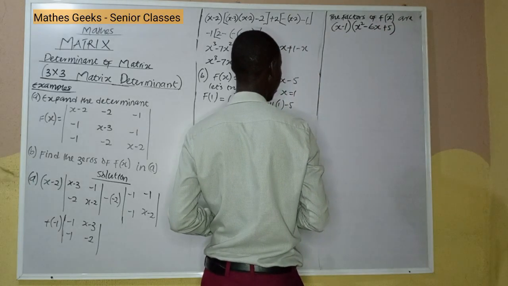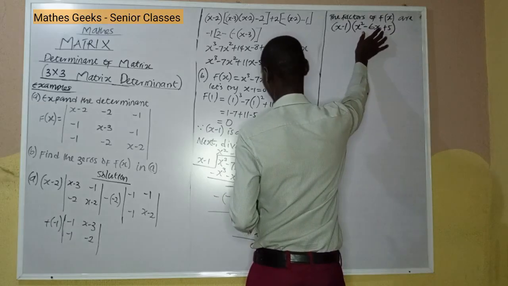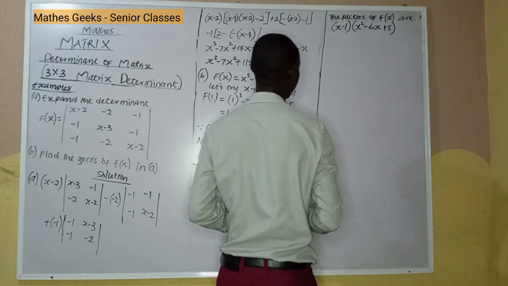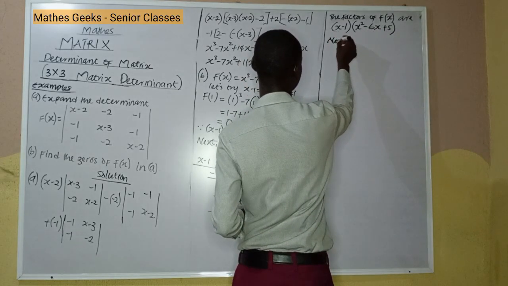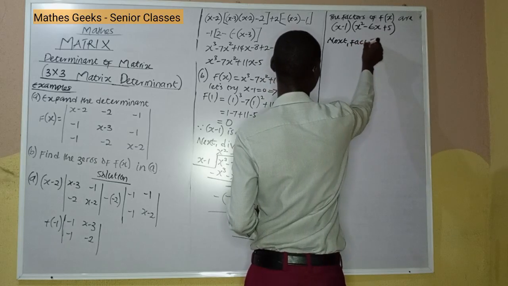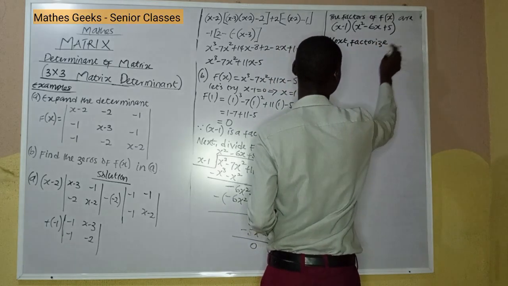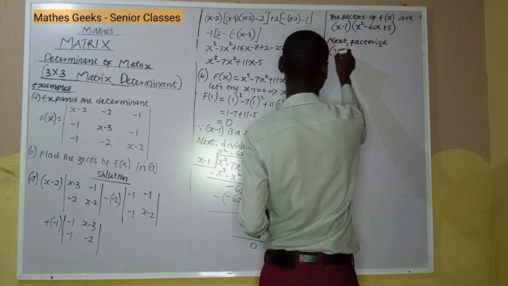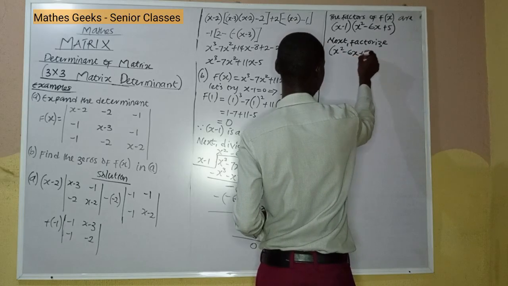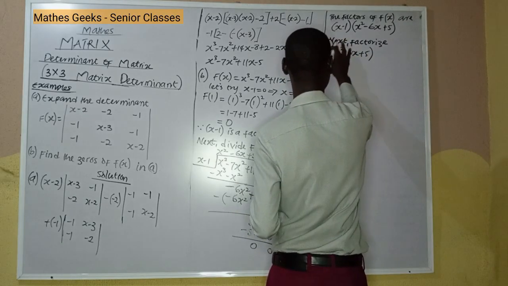So next thing is we're going to get the factors of this quadratic part. So let's say next, factorize x squared minus 6x plus 5.